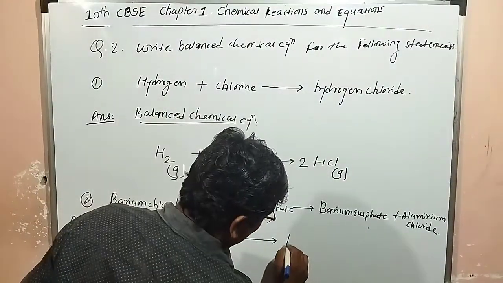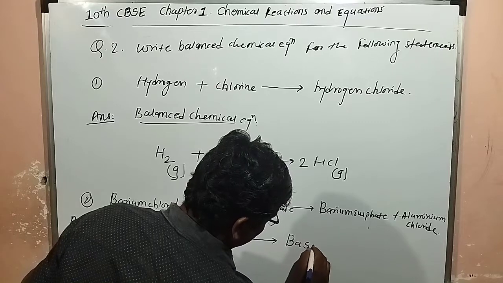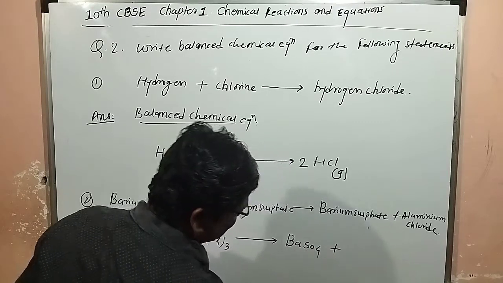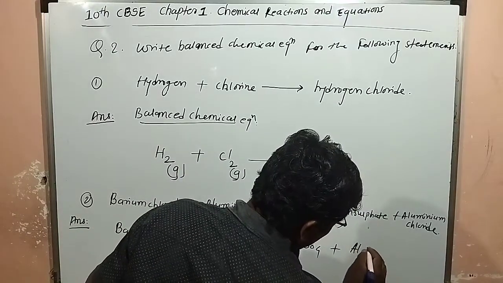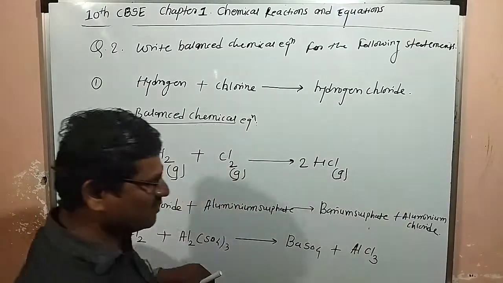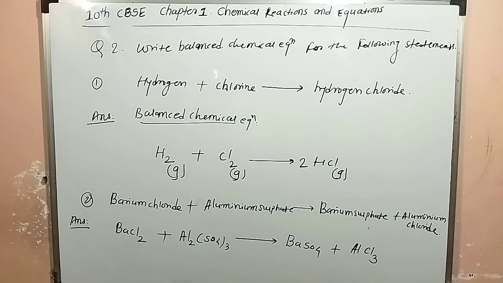So the formula will be BaSO4 plus aluminium chloride. The formula of aluminium chloride is AlCl3.